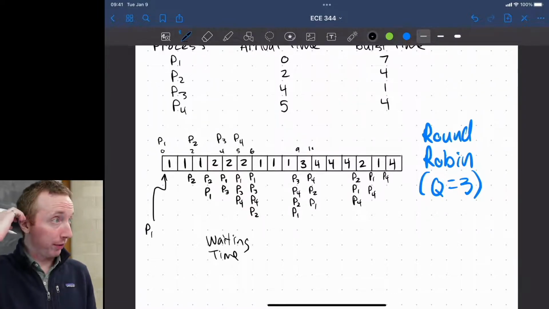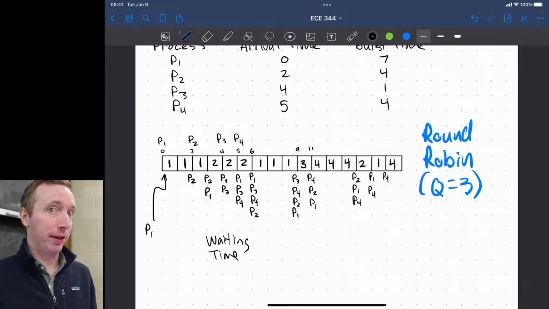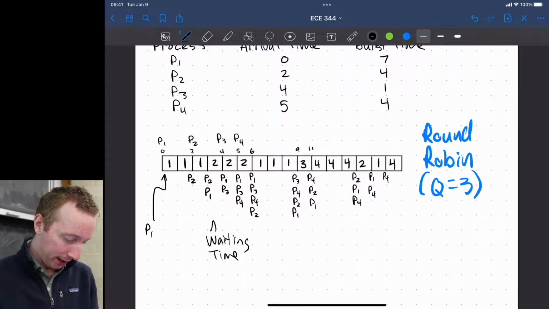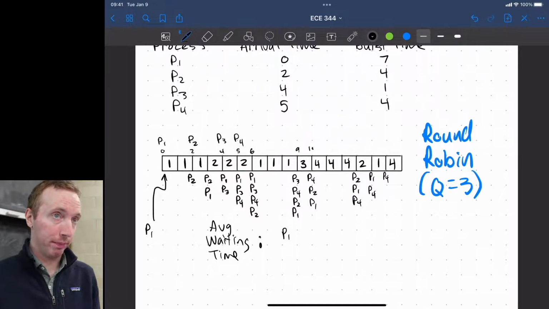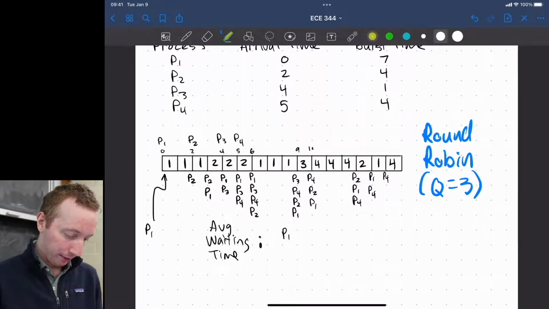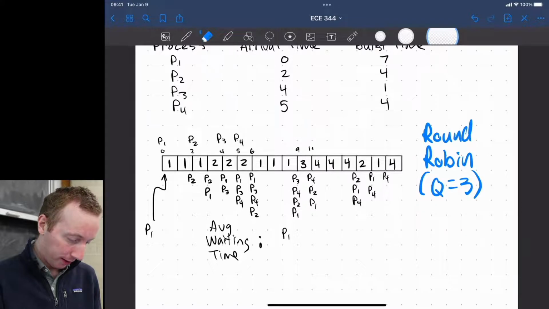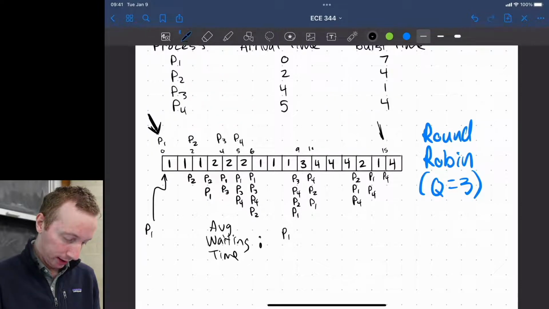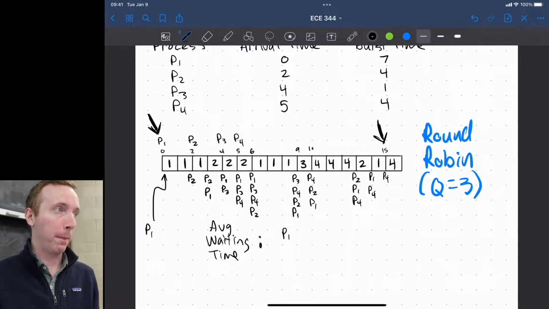But so if we want to calculate waiting time, so usually there's 3 metrics you want to calculate when you do this. So it's average waiting time. So our average waiting time here would be for P1. So how long did P1 wait? Well, if we count, P1 started executing there and didn't finish until here at t equals 15, right?